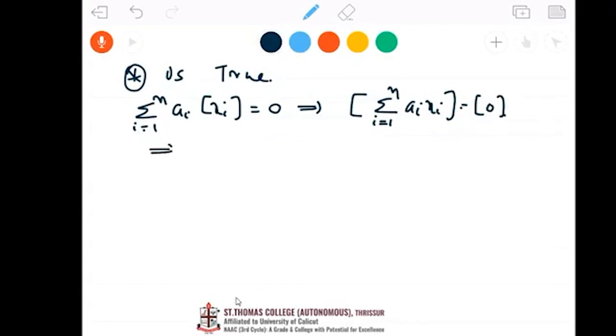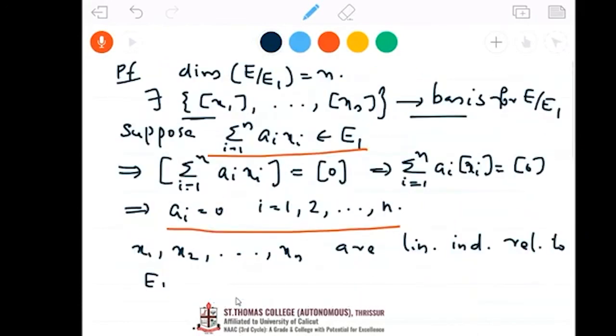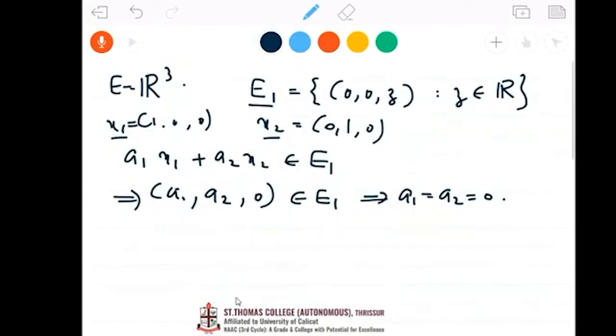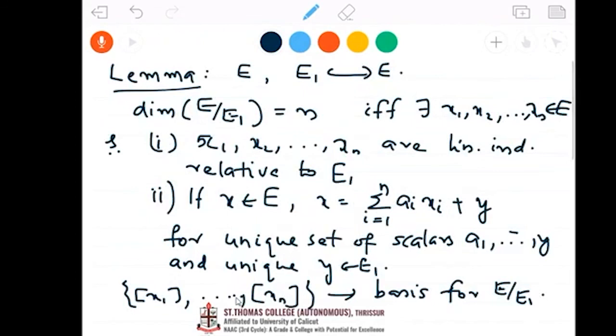And this means the summation of ai xi is in E1, because otherwise this class will not be equal to class of 0. If this is in E1, by our assumption star holds. What is star? x1, x2, etc., xn are linearly independent relative to E1.